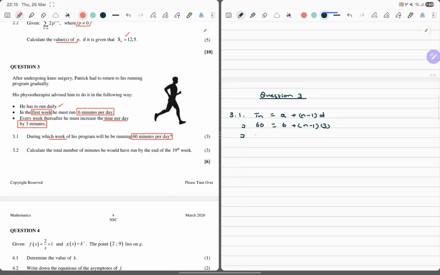So let's move on. We've got 60 equal to 3 plus 3n. So this implies that we've got 3n is equal to 57. Therefore, n should be 19. Let's see, 57 by 3, yebo. That's 19.